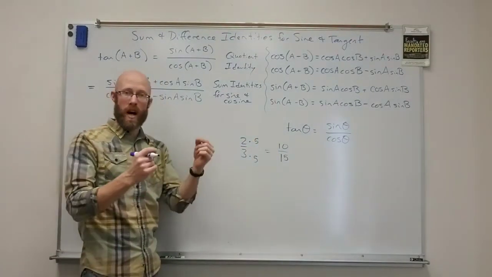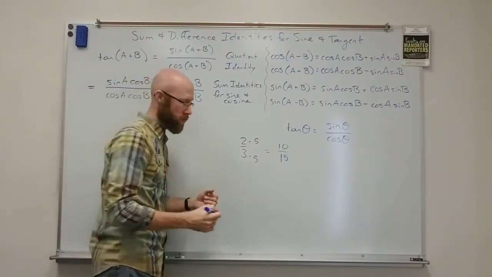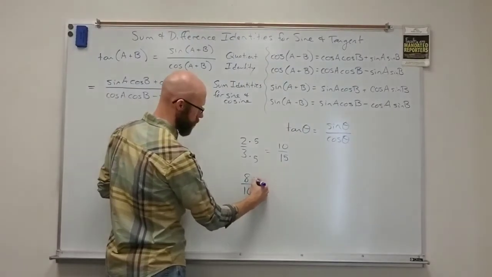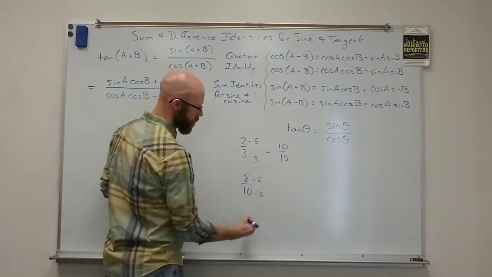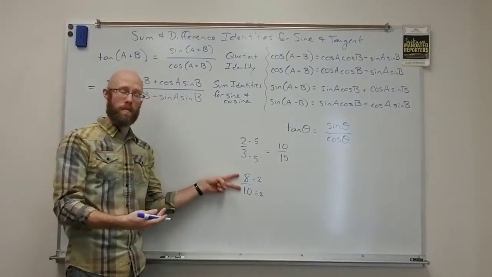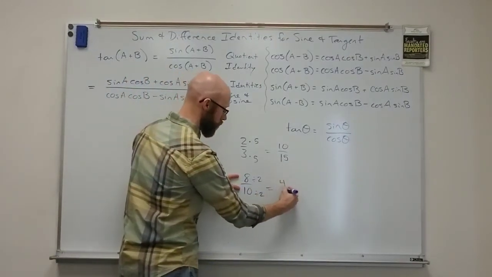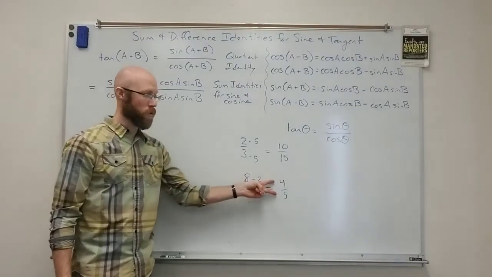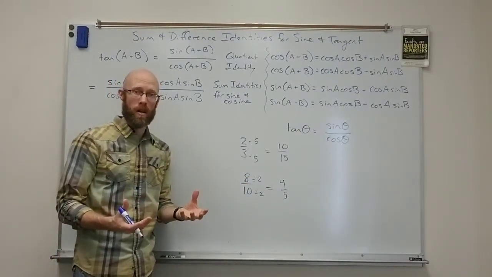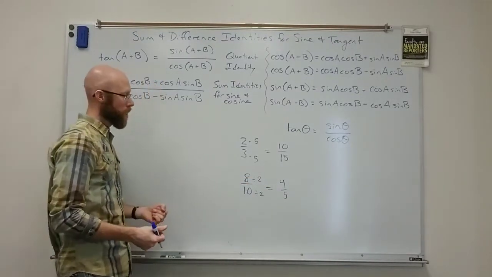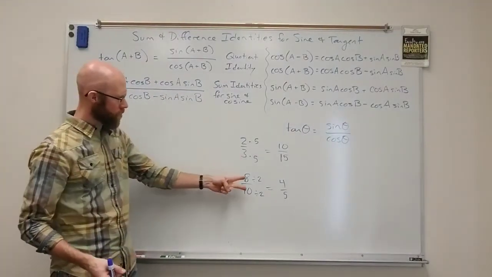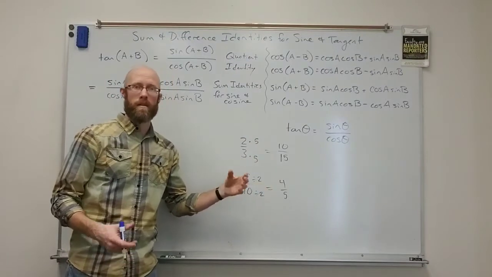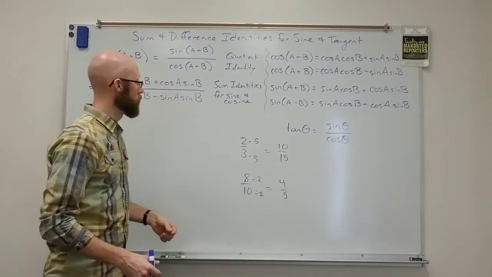You can also divide the top and bottom by the same amount. So if I had 8/10 and I wanted to divide them both by 2, I'll end up with an equivalent fraction of 4/5. 8/10, 4/5, they're the same value, but they look different. So as long as you're multiplying or dividing by the same amount to the top and bottom, it doesn't change the value of the fraction.